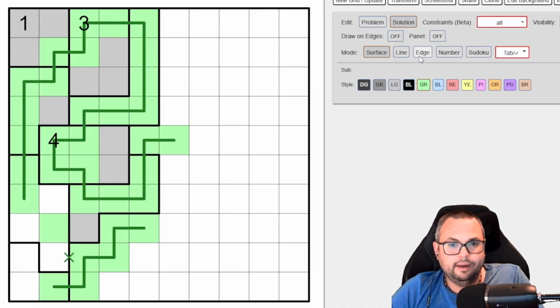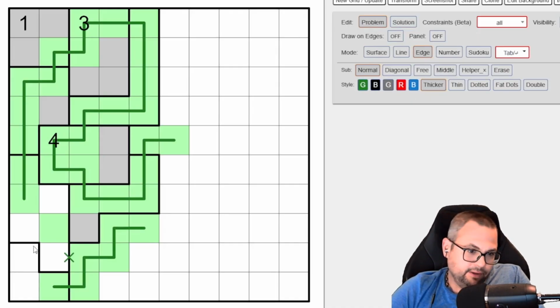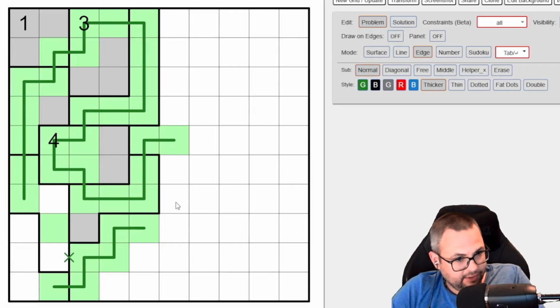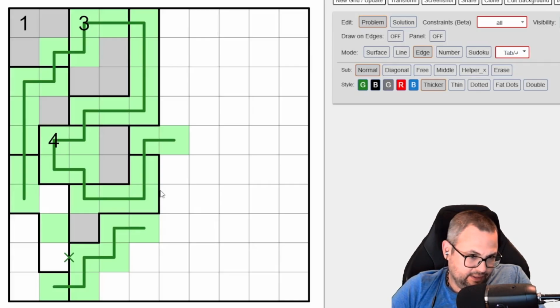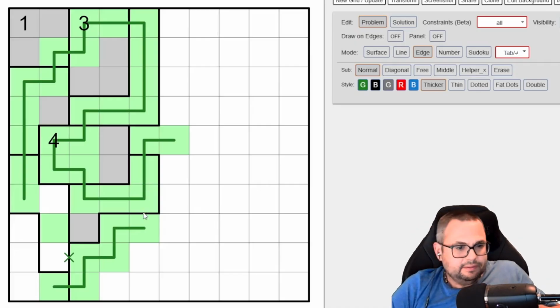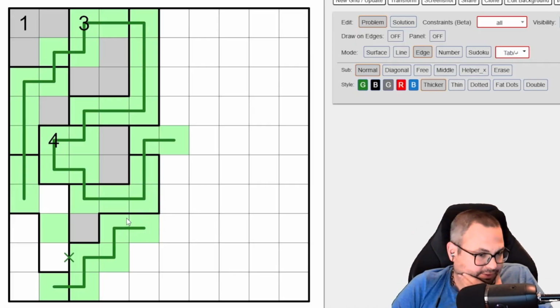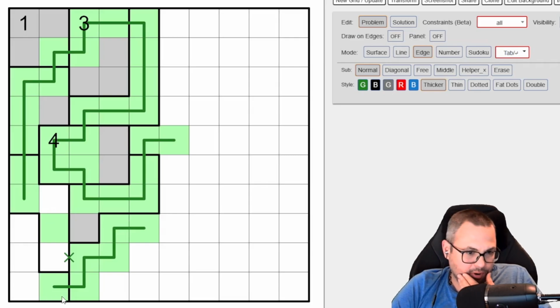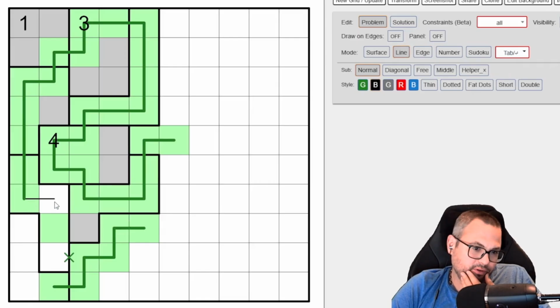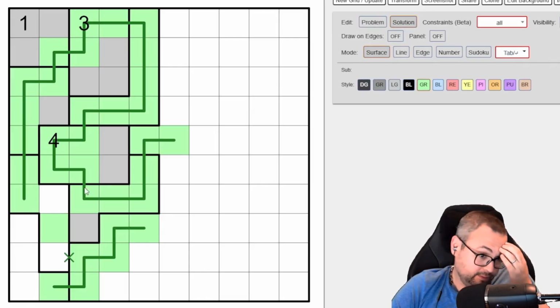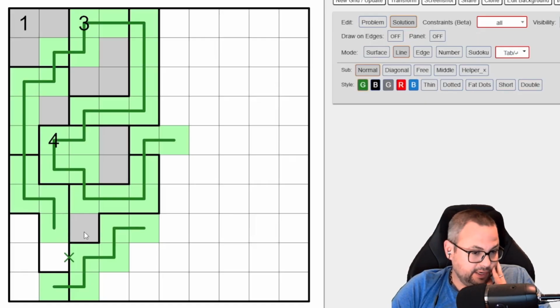Okay, and I can fix it so that there's currently a little bit of ambiguity about exactly how this works. I can help that by making part of this country. So now we know this certainly has to come around here so that it meets all of those cells in here.